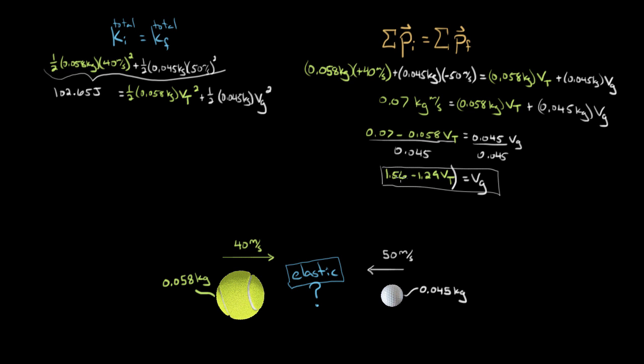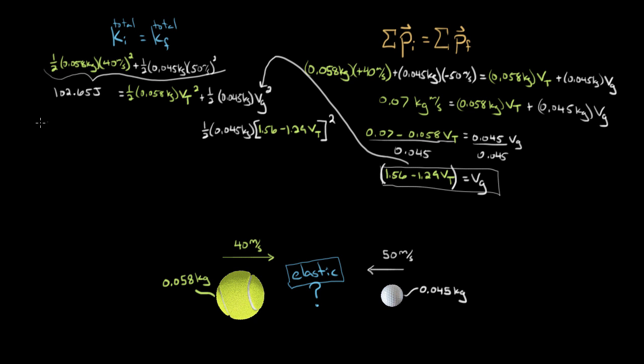So I'm going to take this whole expression, which is equal to VG, and plug it in right over to here, which gives me 1/2 times 0.045 kilograms times the quantity 1.56 minus 1.29 VT, squared, because this VG was squared. I'm just substituting the expression I have over here for VG, and I still have to multiply by the 1/2 and the 0.045.